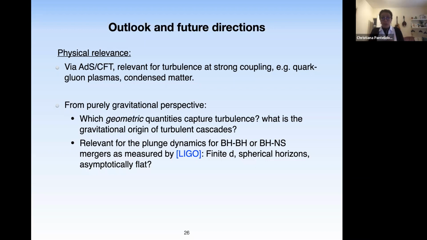And then we also need to go to asymptotically flat space, which is the more conceptually difficult part, in the sense that in a space-time that is asymptotically flat, you're losing energy both from the horizon and asymptotically. So you would expect turbulence to be much weaker if it's even there.